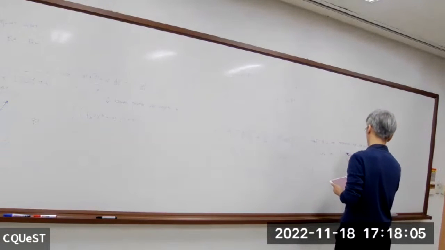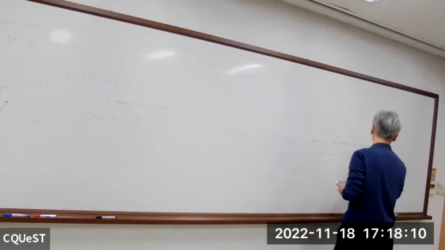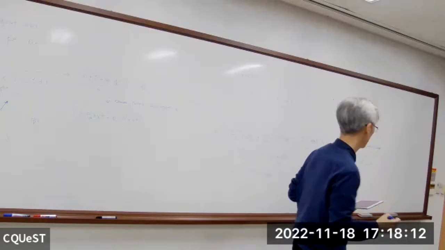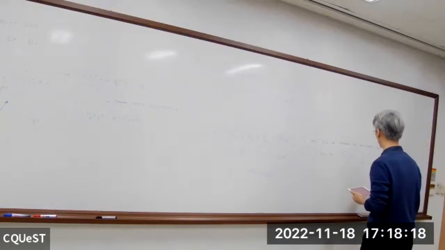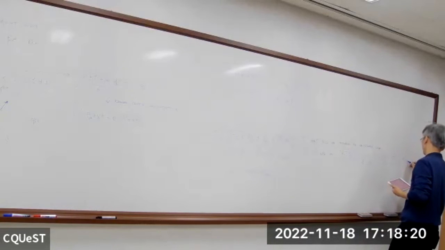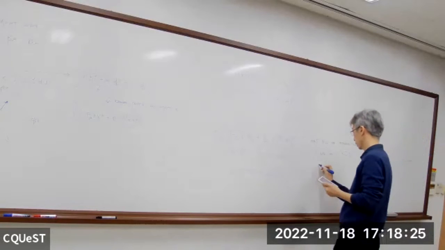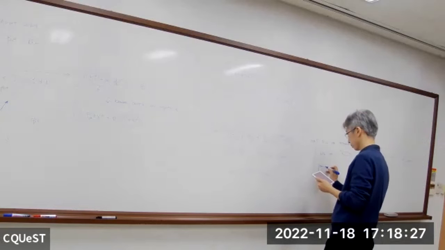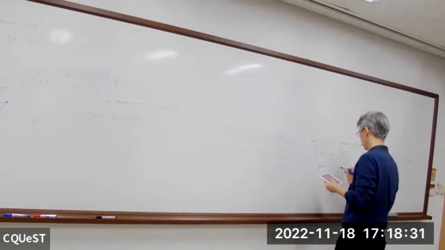Quote unquote, one looks like this and the other looks like that. Although I cannot draw it this way, like a cartoon image, I have another orbit. Three orbits. And then in the general case, we have n plus 1 orbits.